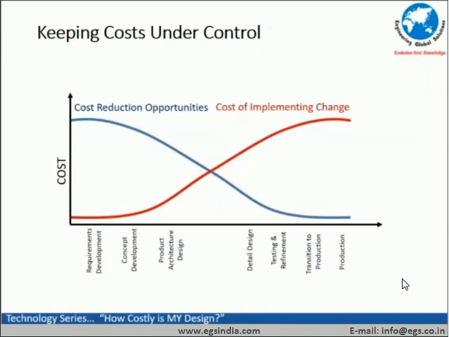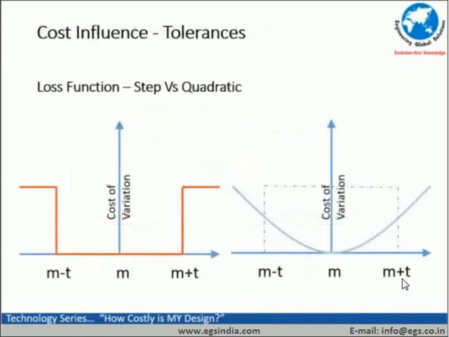So in other words, upfront engineering or simultaneous engineering or concurrent engineering driven by costs as the first functional paradigm would help you to achieve the objectives faster and easier as compared to later on in the product design and development stage.